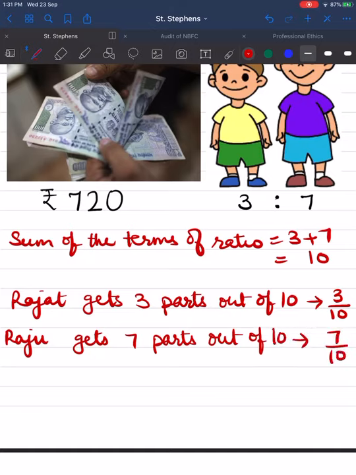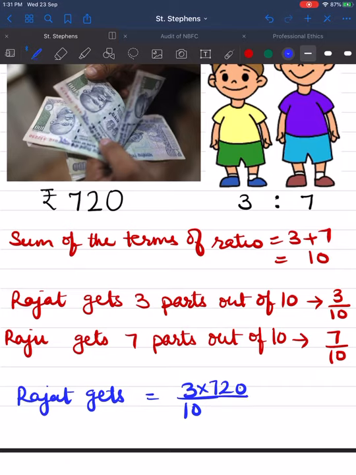Now the money which we have to divide is rupees 720. So Rajat gets 3 upon 10 into 720. 0 gets cancelled with 0 and we get here rupees 216.